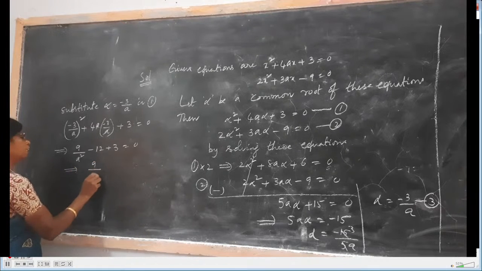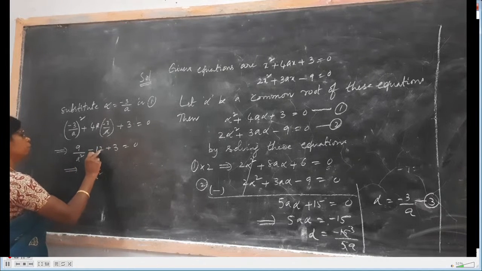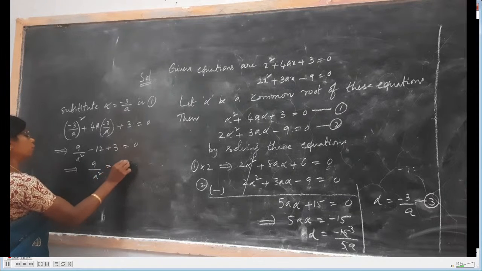This implies 9a square minus 9 is equal to 9.